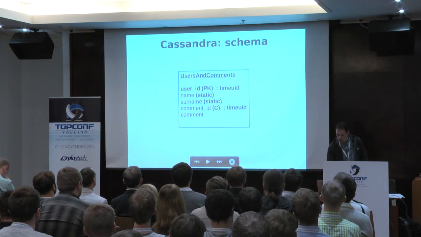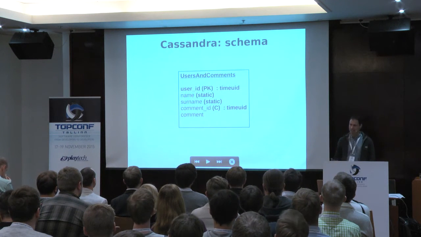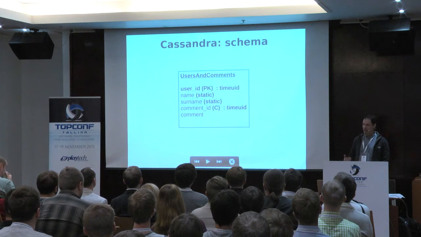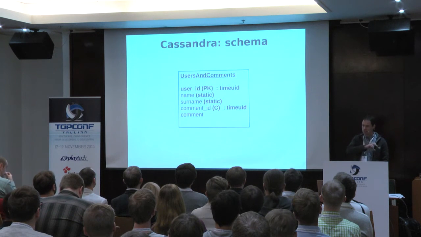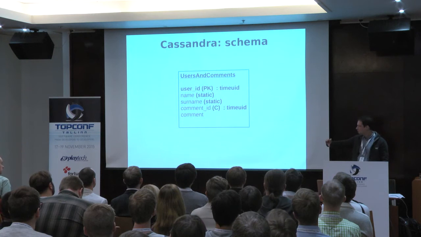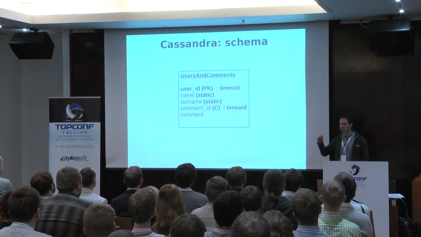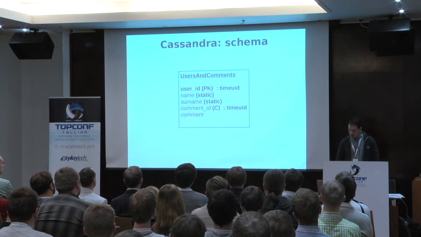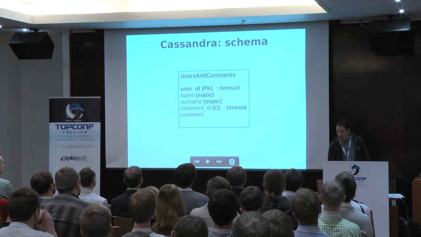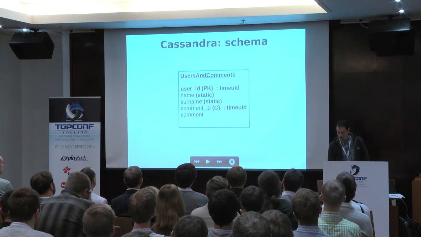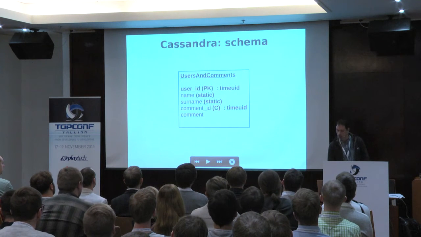But comment ID is a so-called clustered key, and it's a key inside our Cassandra record. A record in Cassandra is not called a record, but a partition. It's a key inside one partition, and it identifies the separate comments the user has made.